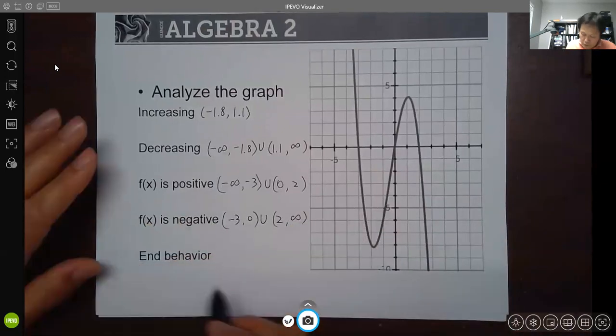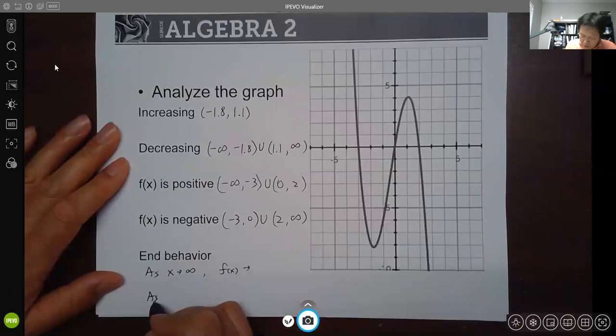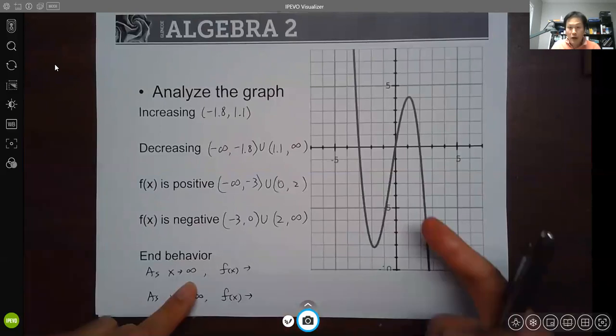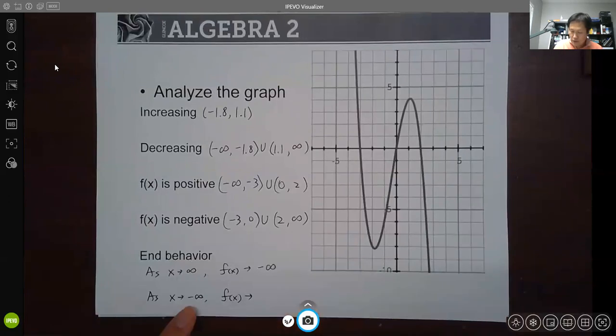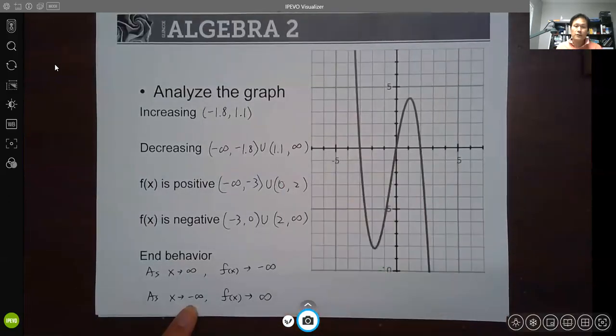And the behavior, as x approaches infinity, f of x approaches what? As x approaches minus infinity, f of x approaches what? Okay, right. What happened to the right? y goes down, minus infinity. As you go to the left, what happened to the y? Increases, meaning positive infinity.